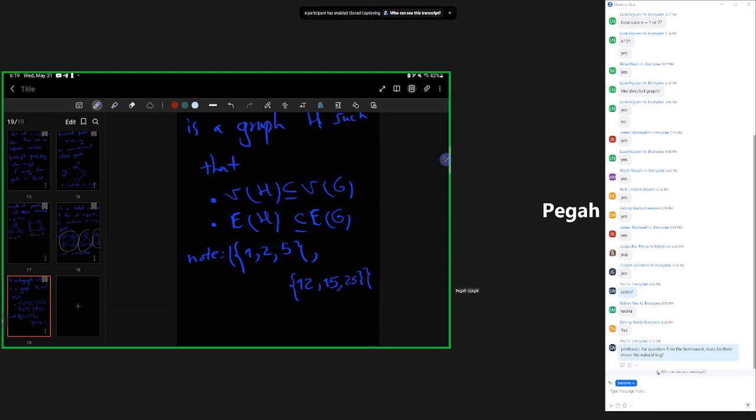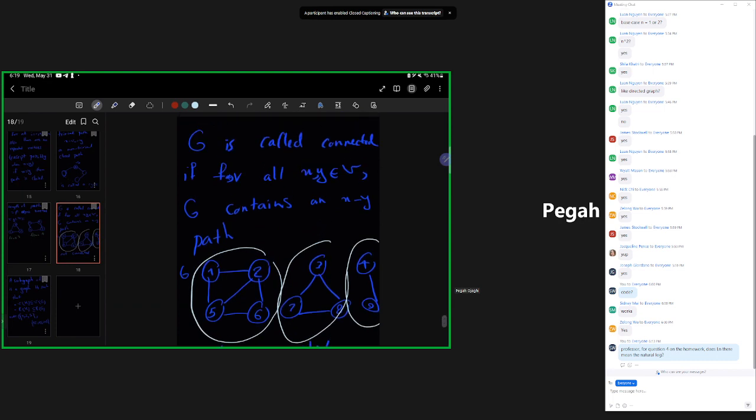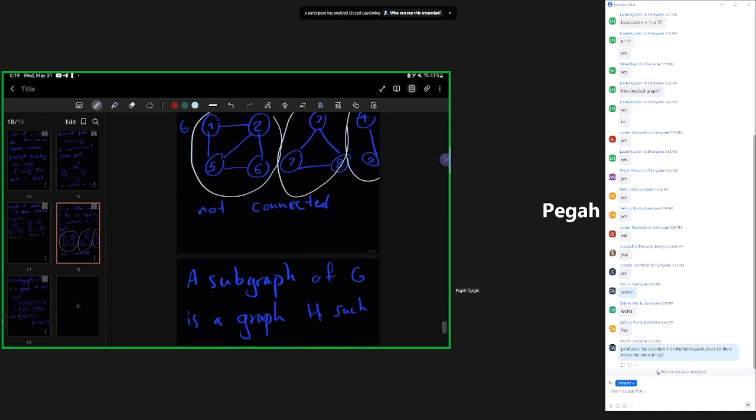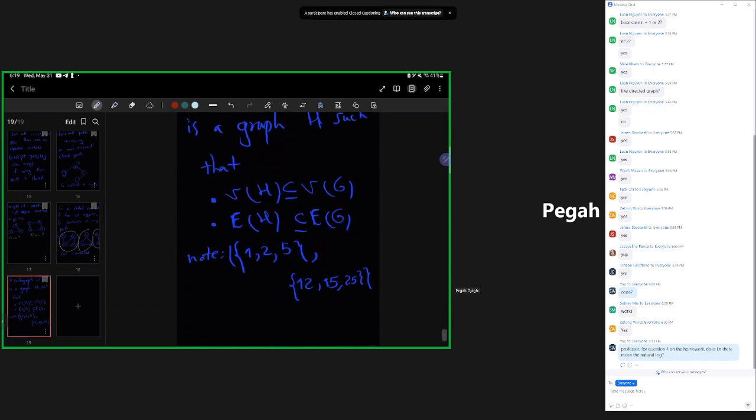This is V of H and E of H. It means that instead of the whole graph, I just consider vertices 1, 2, 5, and just these edges. This is going to be V of H and E of H.